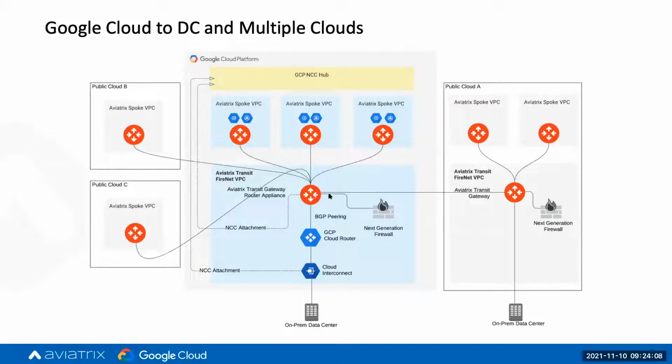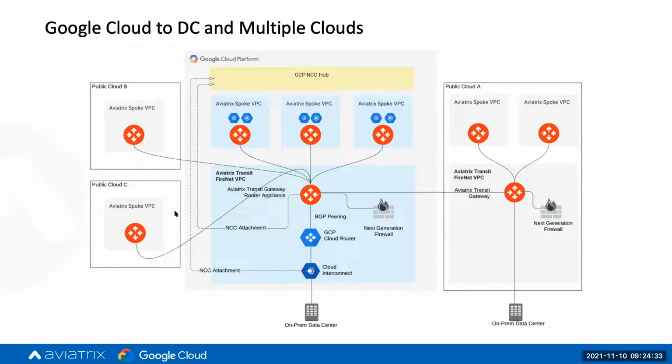The first model is to provide this transit to transit connectivity, right? So let's say in public cloud A, you have a large number of workloads, and you want to make sure you have your own service insertion done there, all the use cases that we spoke about. Then you can create this connectivity. You can build a hub and spoke model in the other cloud, and that's how you can connect your Google Cloud to the other cloud, right?